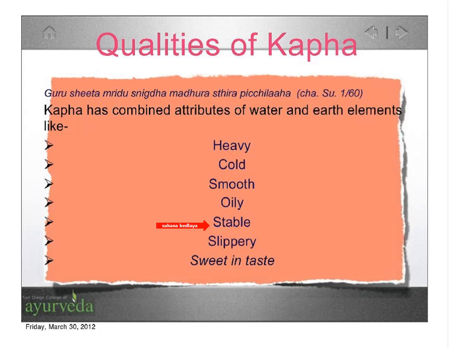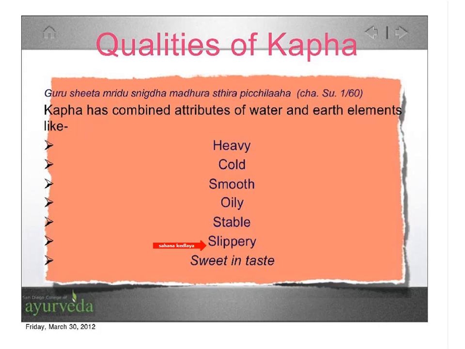The stable character, the property, is mainly related with the earth element. Earth, among the 5 Mahabhutas, is the most stable element, and the stable property of Kapha is related with the earth element. It is manifested in the form of the physical and mental stability in the body.